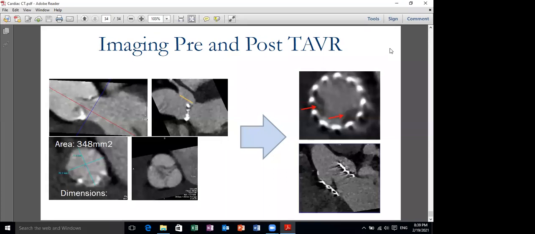Okay. The next question asks: is there a certain figure of calcium score above which you cannot do multi-slice CT coronary angio?